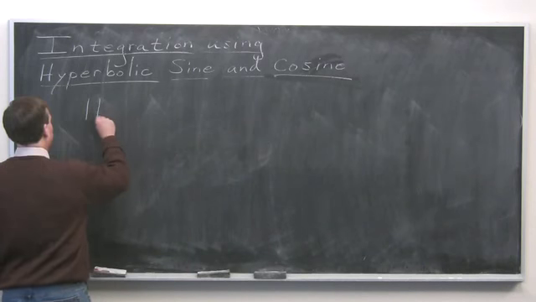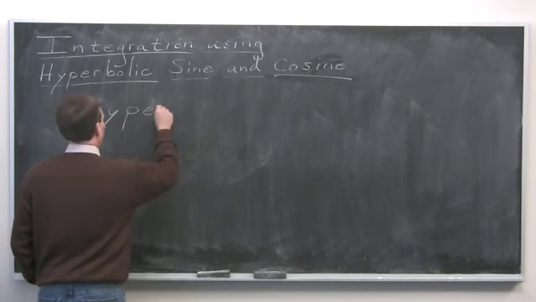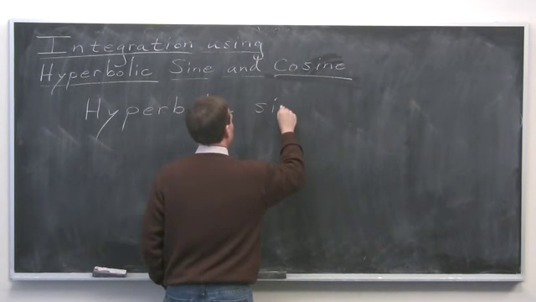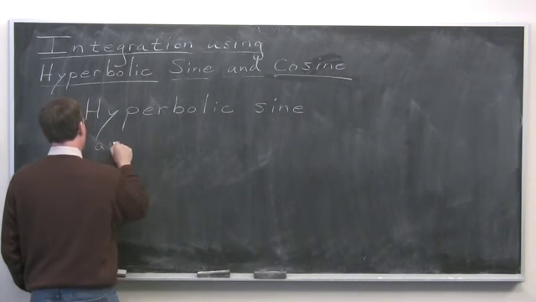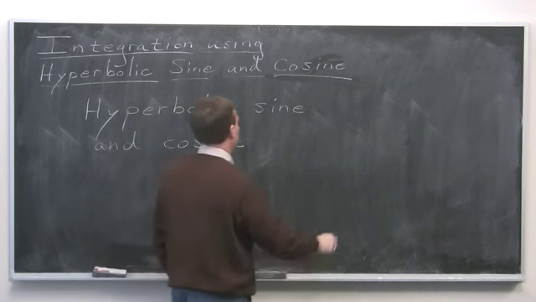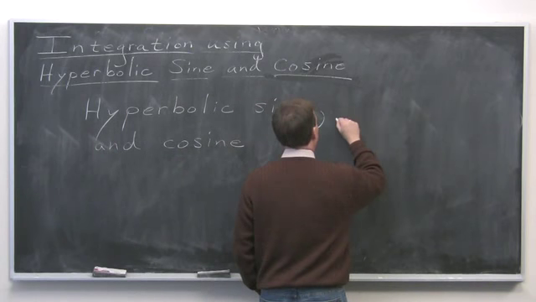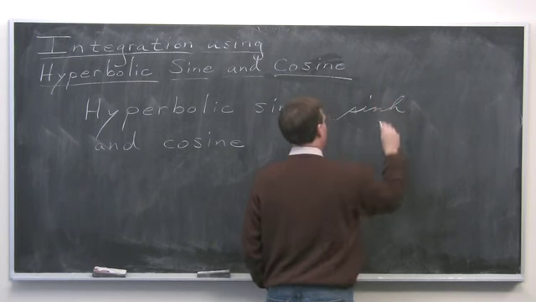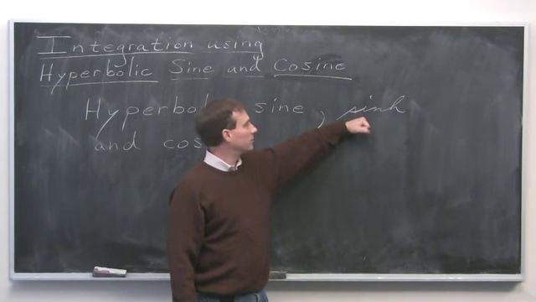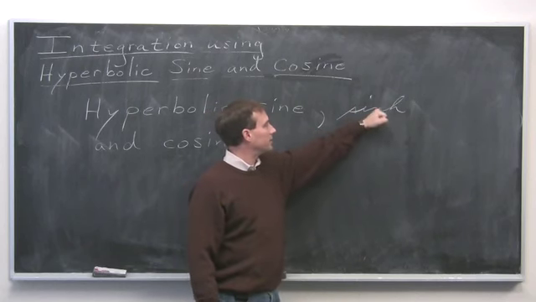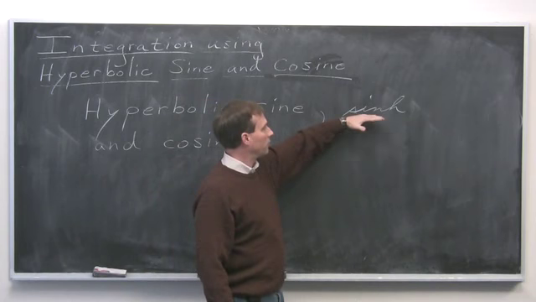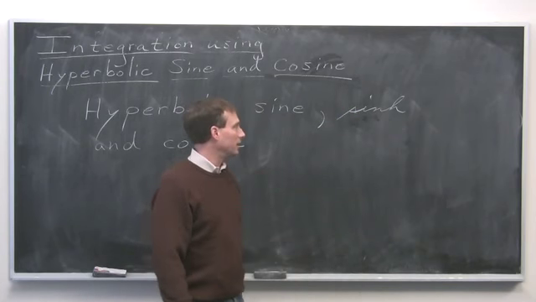So, all right, what are these things? Hyperbolic sine and cosine, and I will explain why they're called hyperbolic. These are abbreviated, and I use my cursive handwriting here, because otherwise this kind of looks like S times N, I times N times H. It's abbreviated sine, how we abbreviate sine, but with an H after it for hyperbolic.